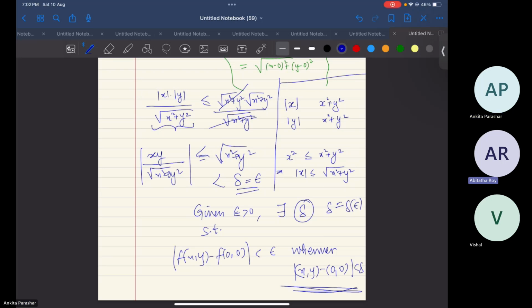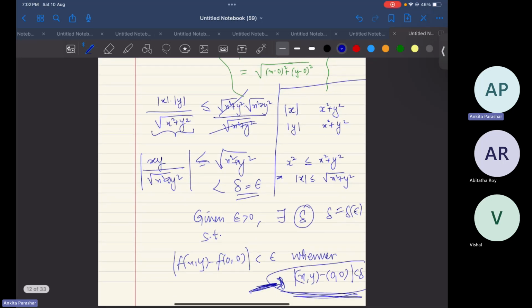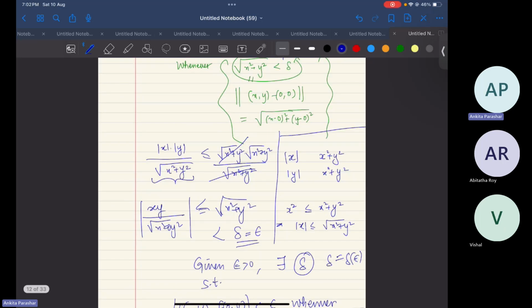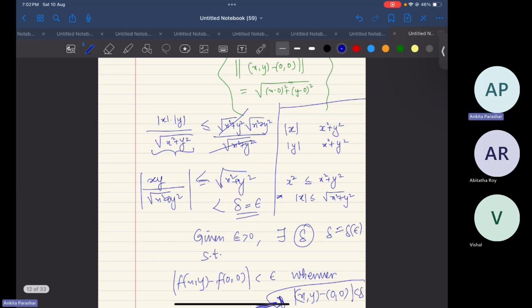Then I can relate delta and epsilon and make that inequality true. So it is all about inequalities and how to relate the delta condition with your epsilon. That's all. But sometimes a function can be a bit confusing and you may not be able to get it directly.